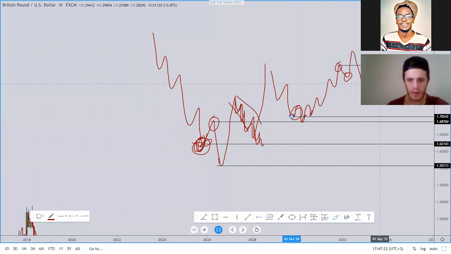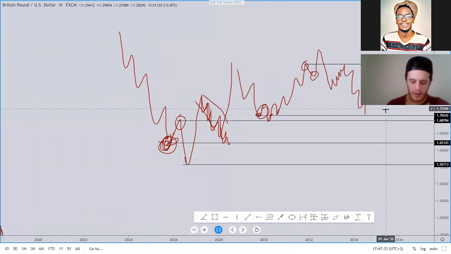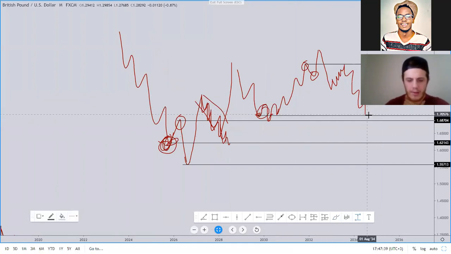So after rejecting this invalidation point, we do expect price to eventually come and test this invalidation point. Although there is in fact a way to know whether we are going to break below it or bounce, by looking at the higher time frame.